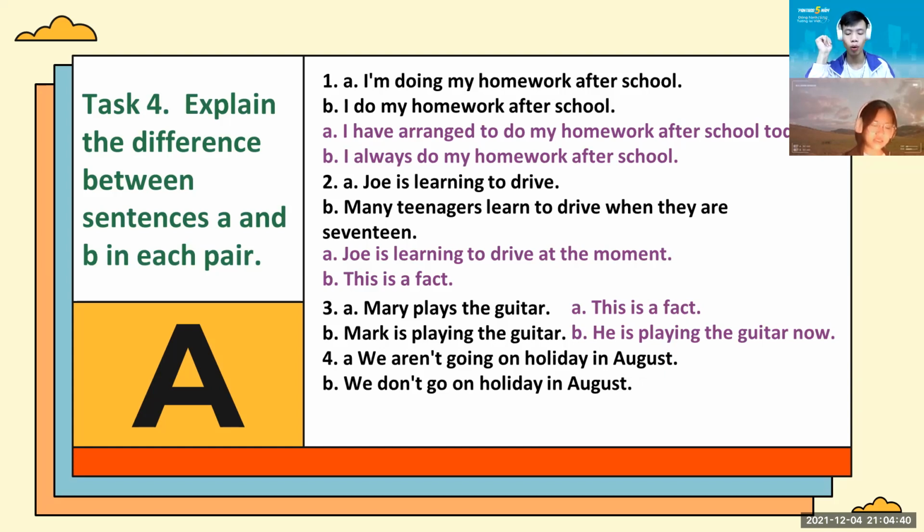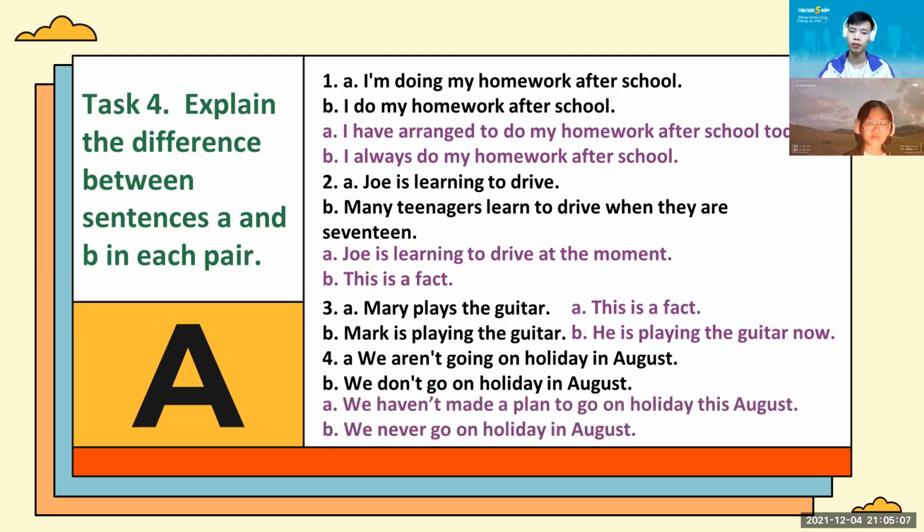Now, number four. Number four A is we use present continuous for future arrangements. And number four B is we use the present simple for something that happens regularly, always, or never.